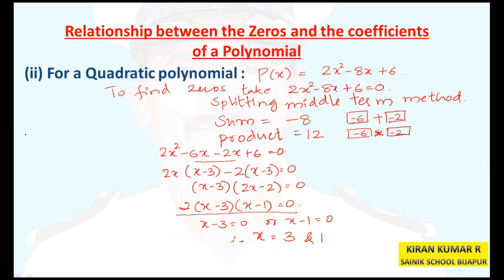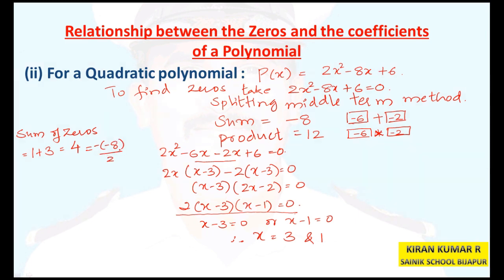Now let us find the sum and the product of these two zeros. What is the sum of zeros? Sum of zeros is 1 added to 3 which is equal to 4. It is same as minus of minus 8 divided by 2.